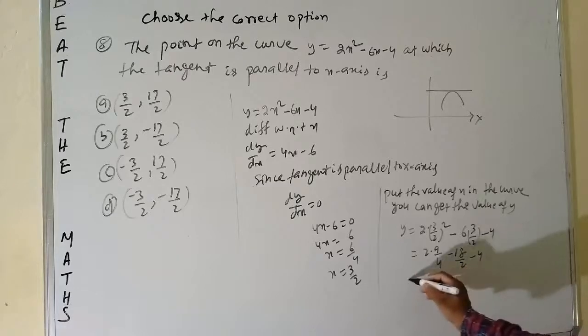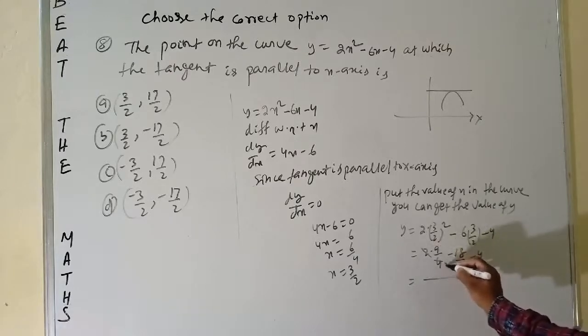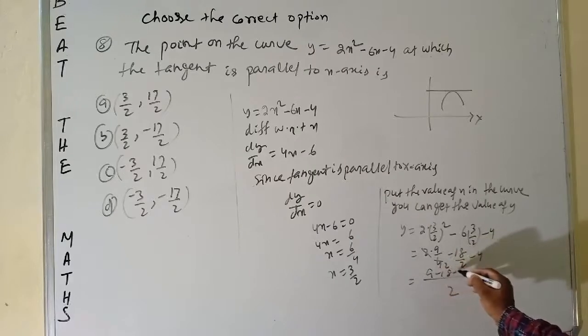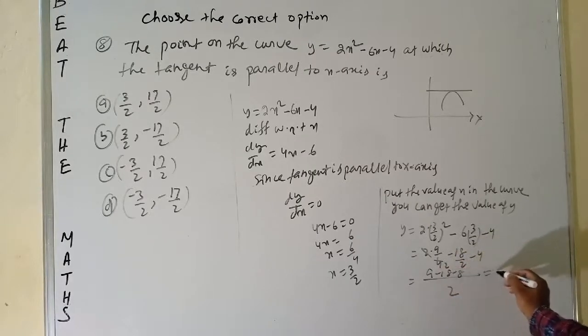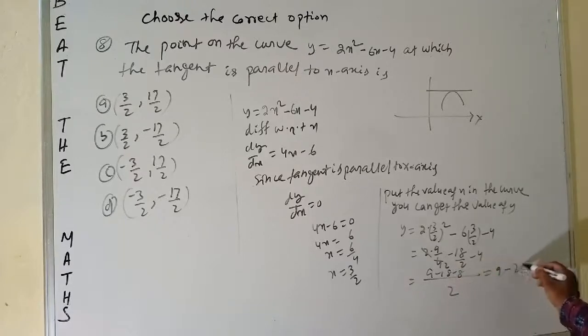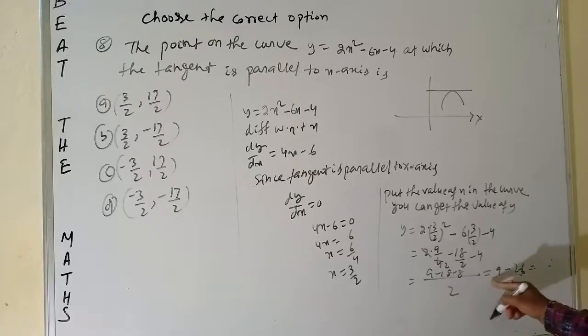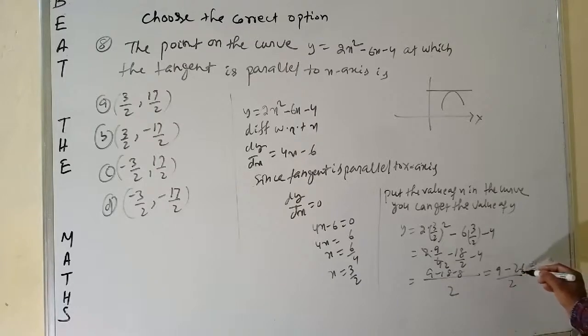You see, 2 here, 9 minus 18 minus 8. Okay, 9 minus 26 by 2 is equal to minus 17 by 2.